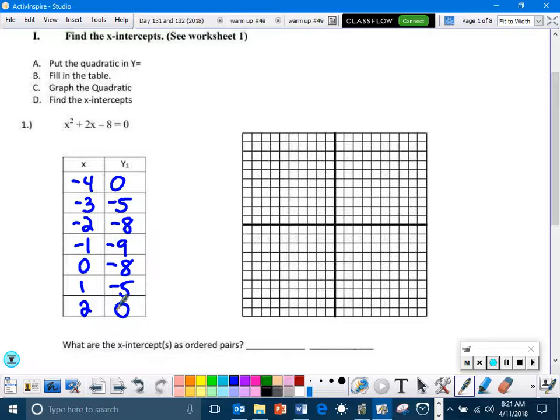Let's go ahead and graph it. Connect the dots.